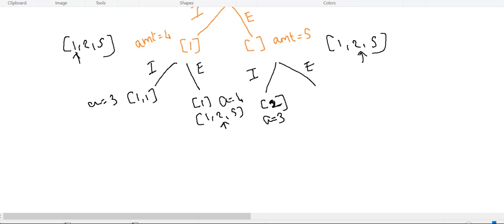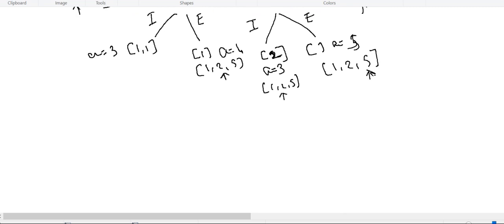And since I'm including, I'm not going to change my pointer. It's going to point to 2. Now here I'm excluding, so it would be an empty set, the amount will be 5, and I'm going to increment my pointer because I'm excluding that element. So I'm going to move to the next element.